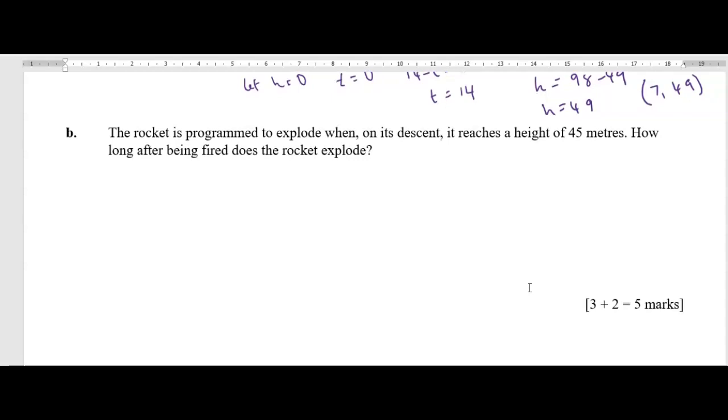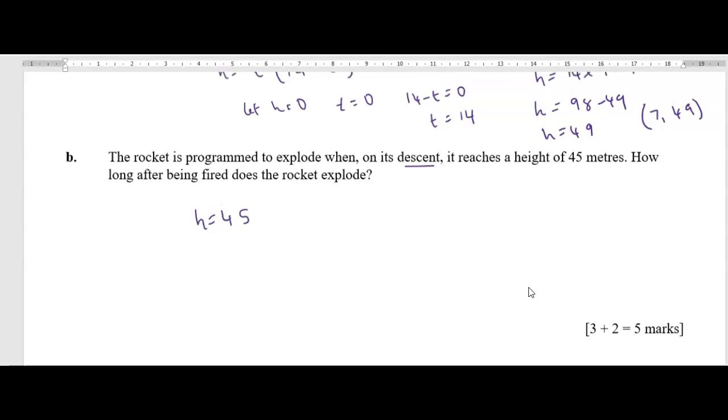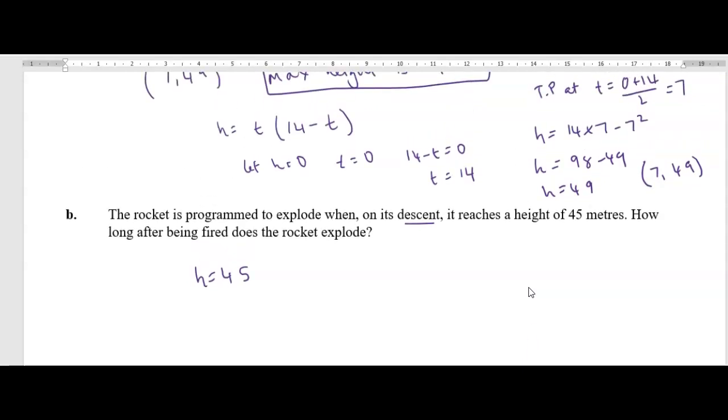The rocket is programmed to explode when on its descent it reaches the height of 45 meters. How long after being fired does the rocket explode? So we want to do the h equals 45. So on its descent, so that's when it's coming down, because you're going to get 2 solutions for it. So let's just put in 45 into our equation.